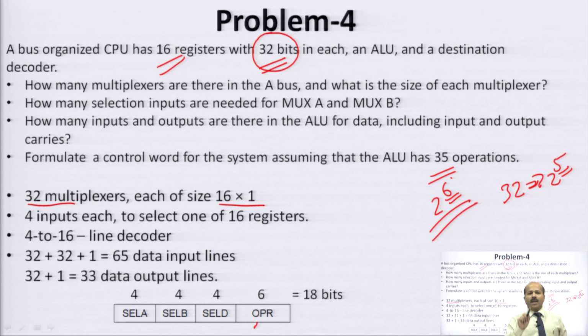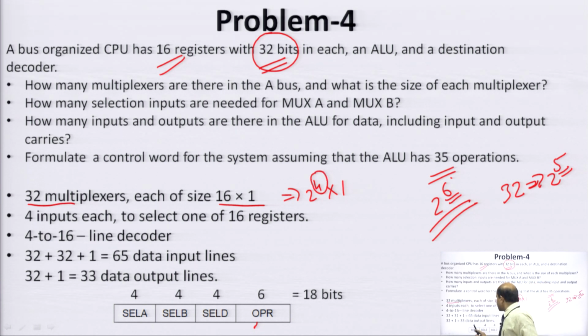And what is the selection input in that case? 16 can be represented as 2 to the power 4, so 4 bits are required for selection A and selection B. So, 4 bits are given in operand 1 and 4 bits are given in operand 2, because these two are the operand bits, the selection of operands.